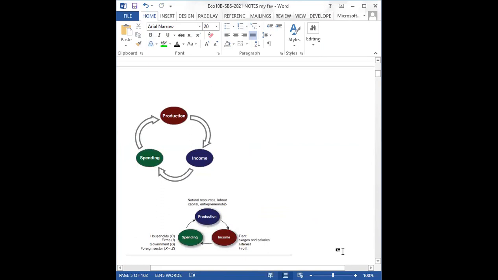So eventually we're simply saying that production equates to income, income equates to spending, and spending equates to production.